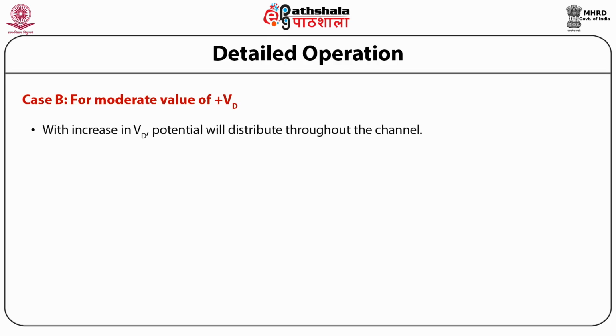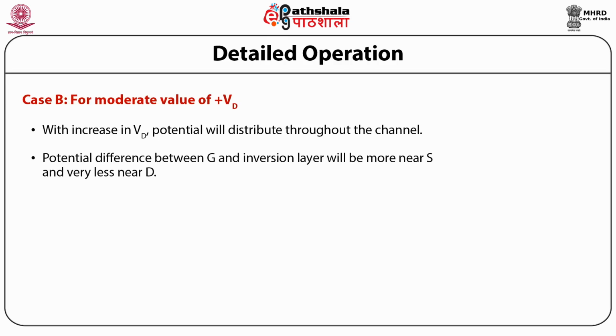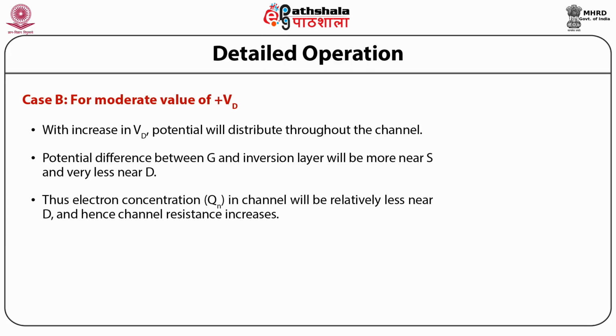So now increasing the Vd, the potential will distribute throughout the channel. So the potential difference between G and the inversion layer will be more near the source and very less near the drain. So thus the electron concentration Qn in the channel will be relatively less near D, and hence channel resistance increases.